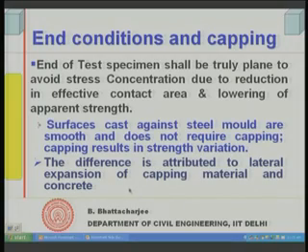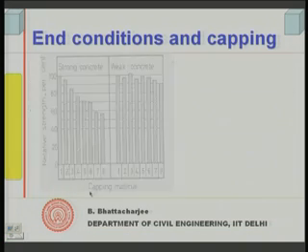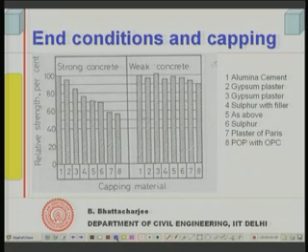Okay, this we shall see. So, that is why the difference is attributed to lateral expansion of the capping material and concrete. Now, this is the results of several test specimens. For example, one is sulfur, one is alumina cement. Now, y axis is relative strength.